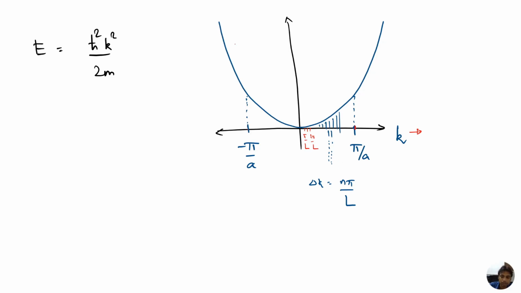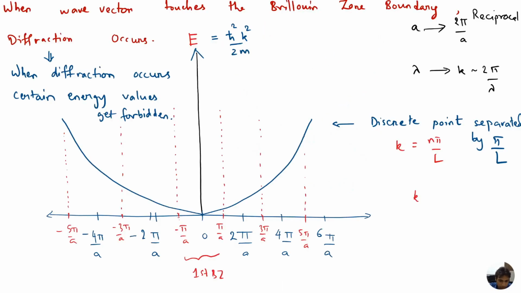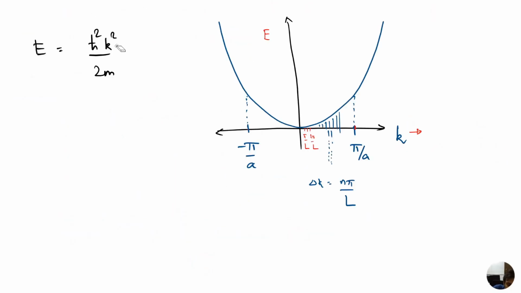Now what are we going to do? We want to find what is the value of energy of the nearly free electrons in the k space. So how are we going to do that? So E equal to h bar square k square by 2m, that we know. And what we are more interested in is to see the behavior of nearly free electrons in the presence of lattice.